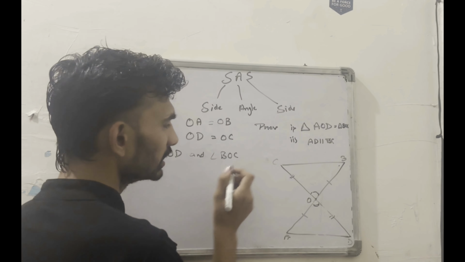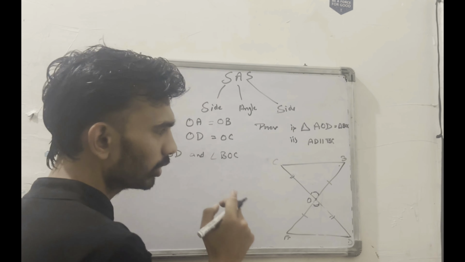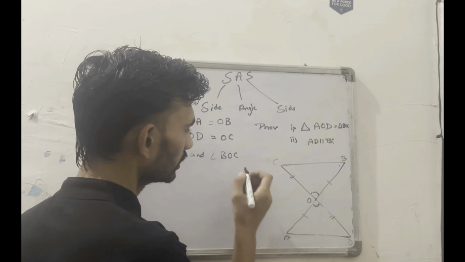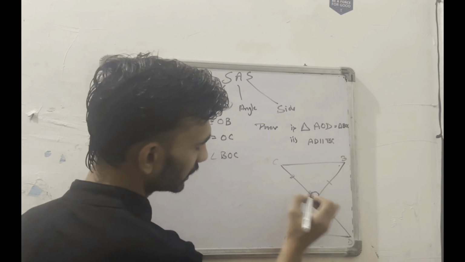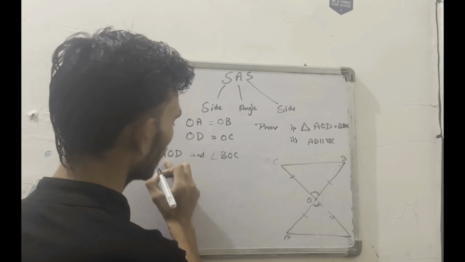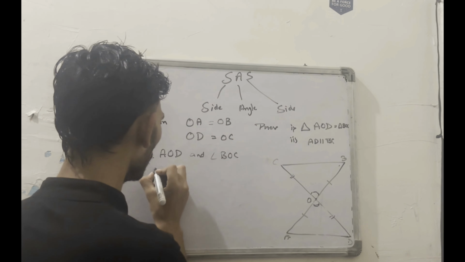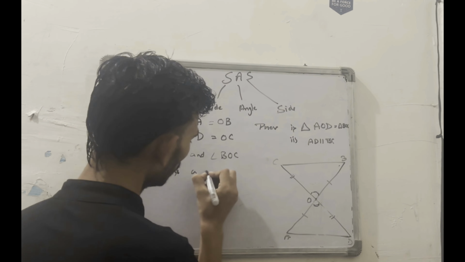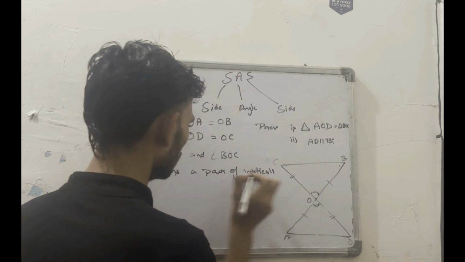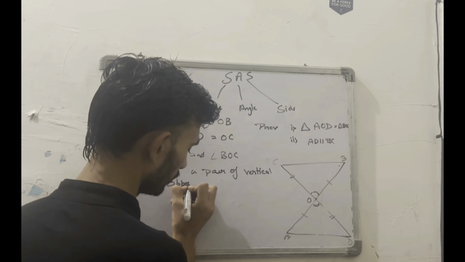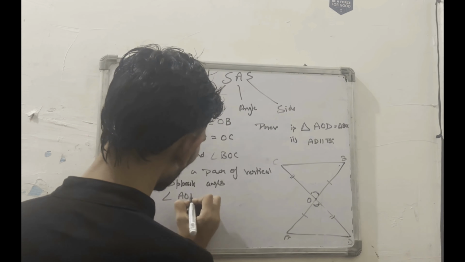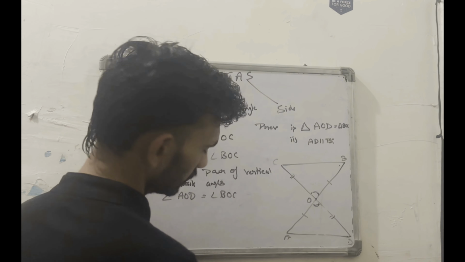Then after this, here you will see that the theorem of vertically opposite angles we have studied in chapter 6. These are vertically opposite. So here we are providing that information. Angle AOD and angle BOC form a pair of vertically opposite angles. So from that, angle AOD is equal to angle BOC. That one thing is proved.